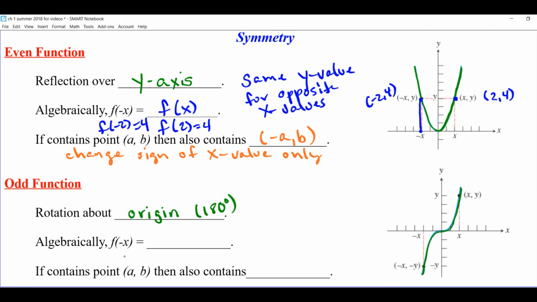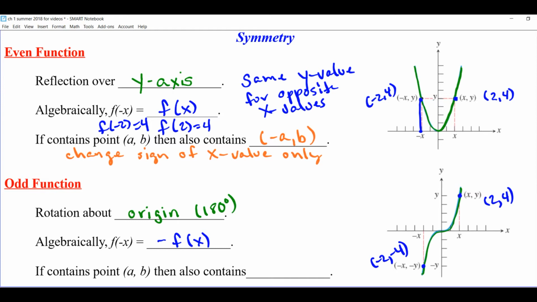If we think about this one algebraically, if I put f of negative x in, that should be the same as the opposite of f of x. So if we think of this point here, let's say this is the point (2, 4), over here, this is the point (-2, -4).